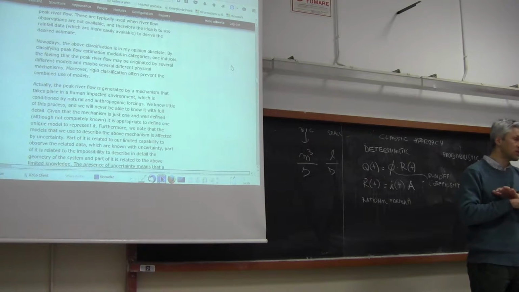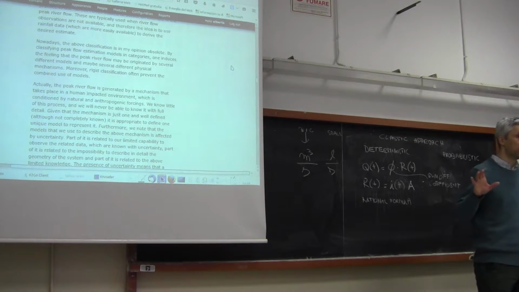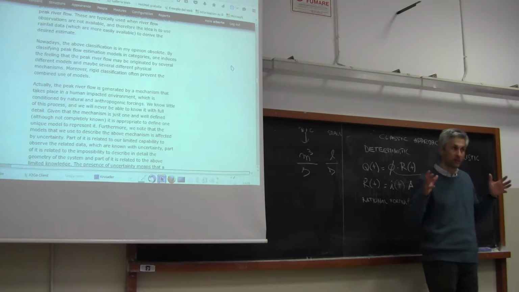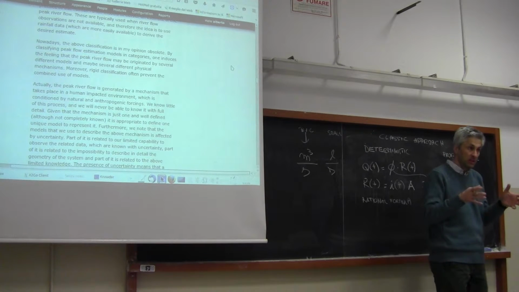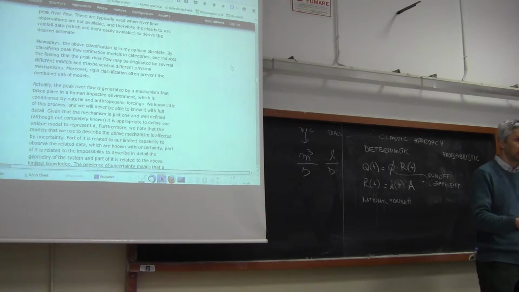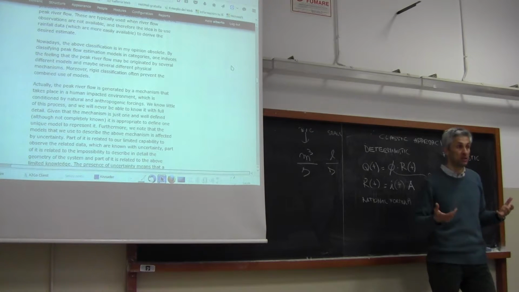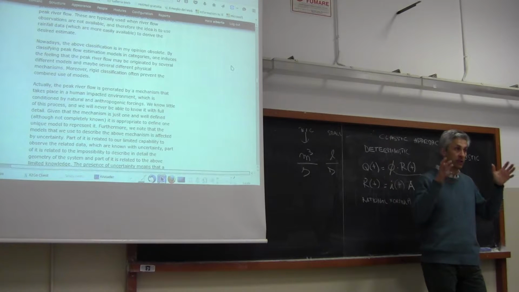In my opinion, this will be impossible forever, because how can we get the capability to observe what is happening underground over such an extended area? It's not just a matter of a plot. It's a huge catchment. It's impossible. How can we measure rainfall with precision? It's impossible. So in my opinion, uncertainty in hydrological models will always be present.